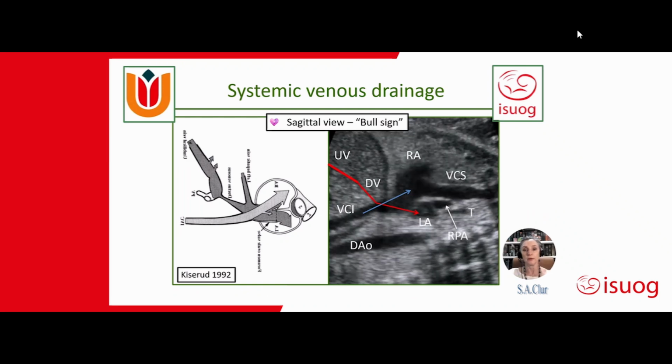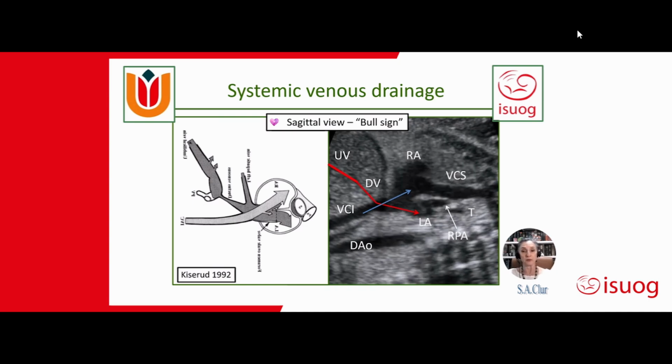It is important to evaluate your pulmonary veins, and I showed you that very briefly in the beginning on the 4-chamber view. It's important to identify at least one pulmonary vein from each side. And just as you must identify pulmonary venous return, your systemic venous return is also important.